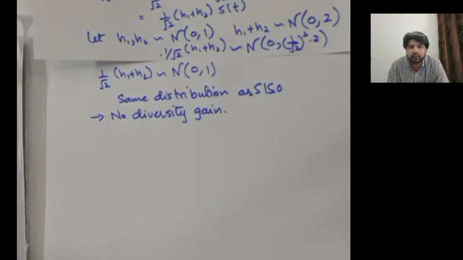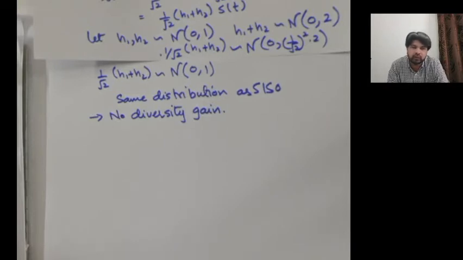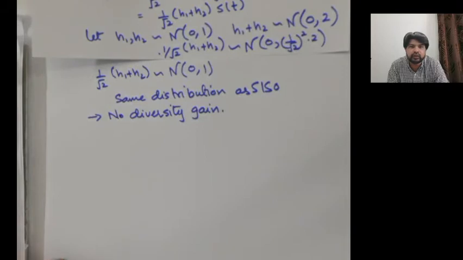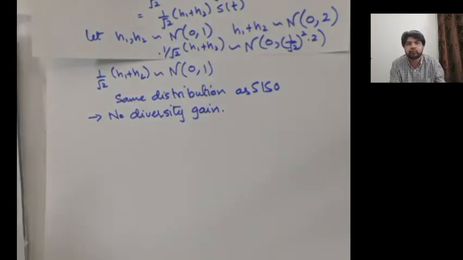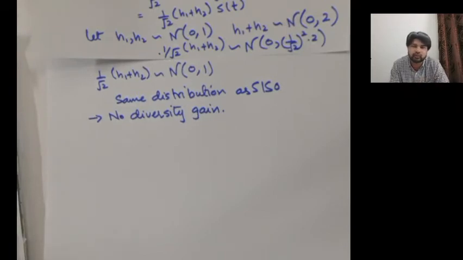And not only can you not vary the transmit power in the two dimensions, you also cannot co-phase your signals. Remember, the gain you typically get is because of the co-phasing, using maximal ratio combining, so that you can co-phase your signals, and that would get you an array gain as well as a diversity gain.